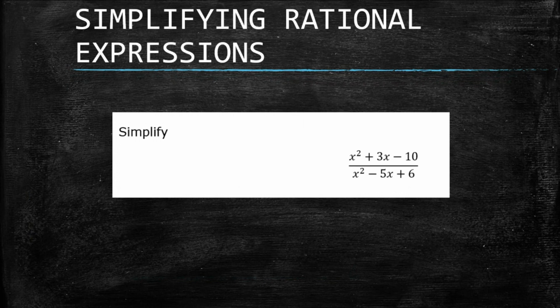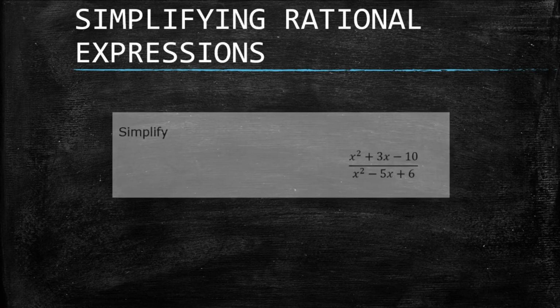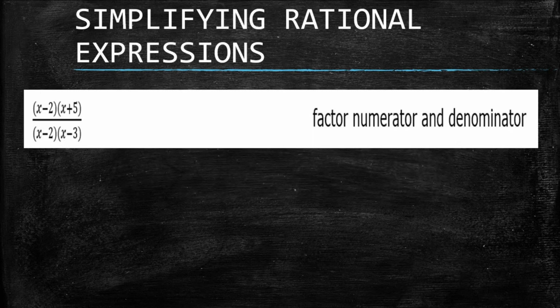Simplify the expression x squared plus 3x minus 10 over x squared minus 5x plus 6. For step 1, we need to factor first the numerator and denominator. X squared plus 3x minus 10 is a GQT type 1.